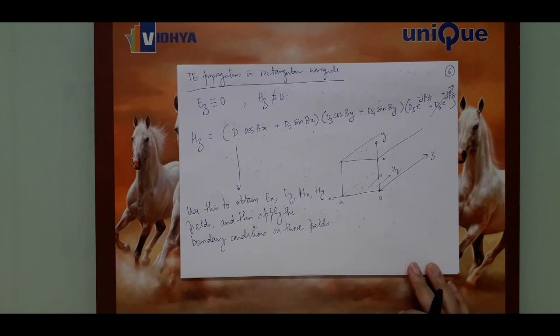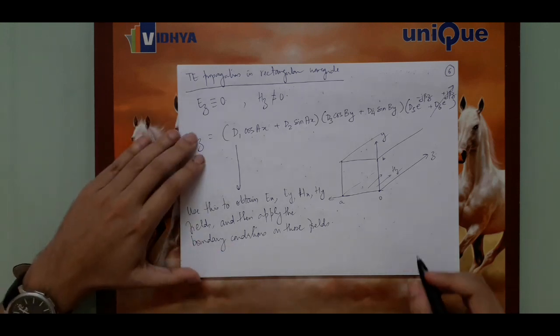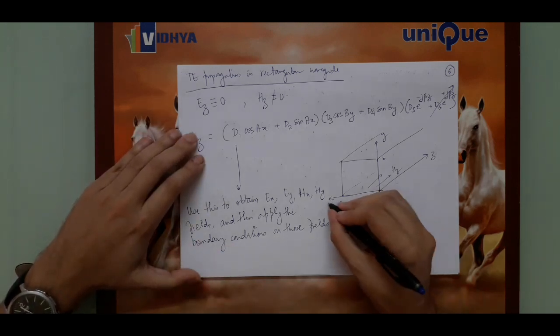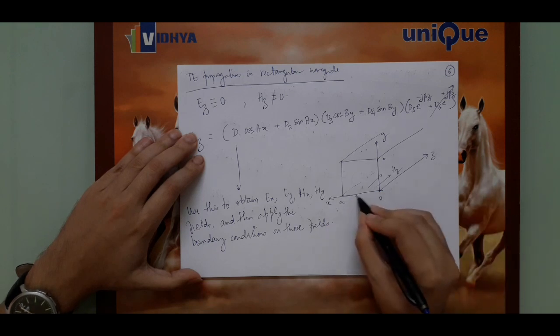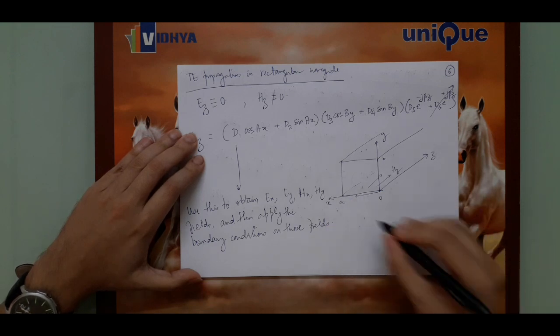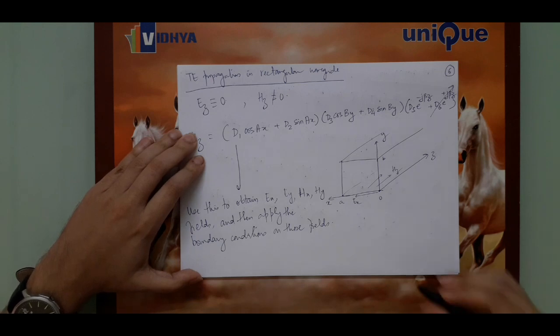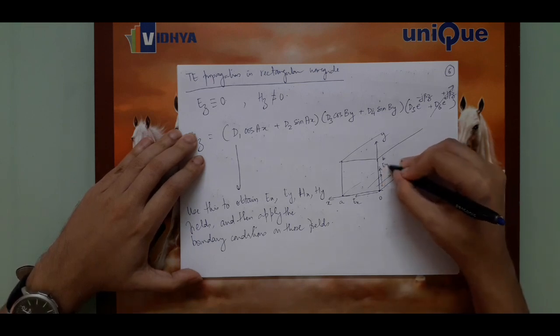Alright, so let's first look at Ex. So this is the x-axis, so the Ex essentially exists along this way. Ey will exist over here.